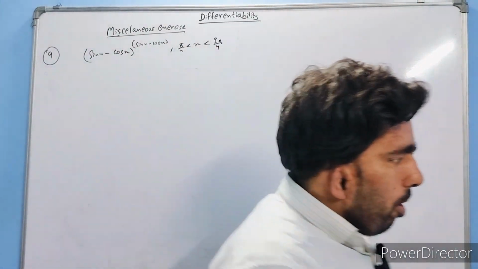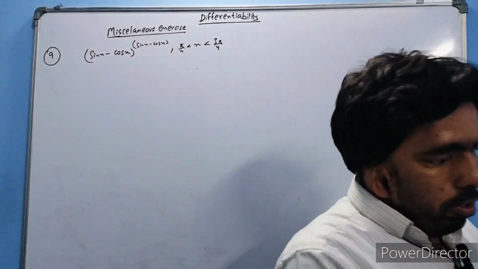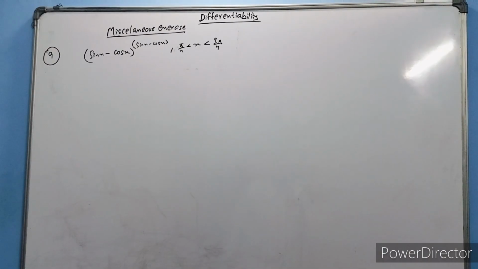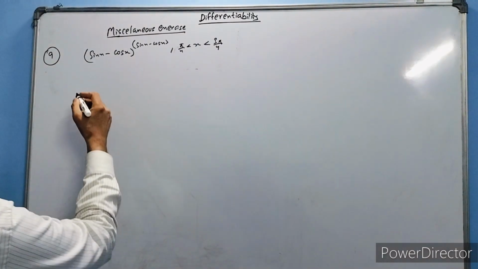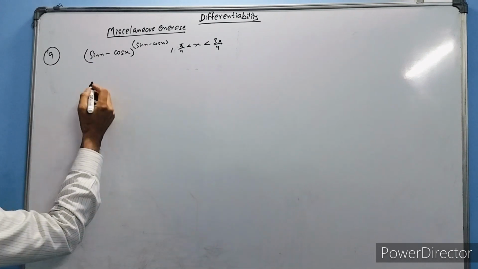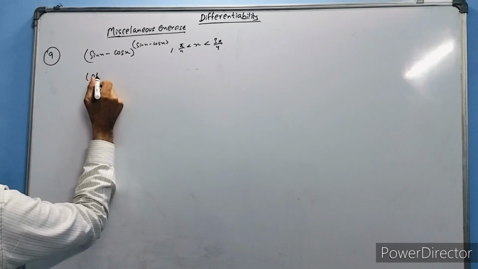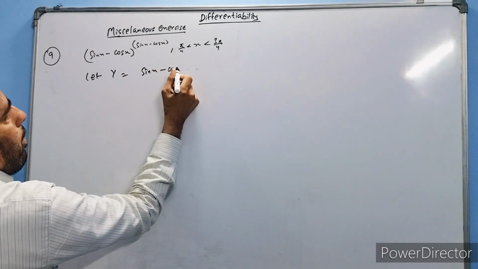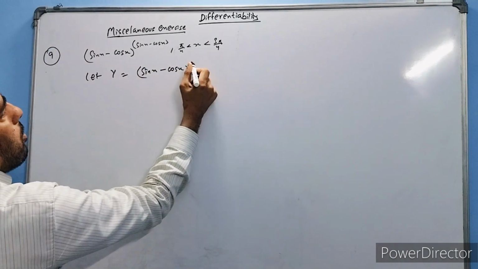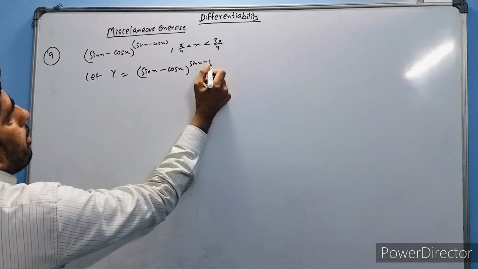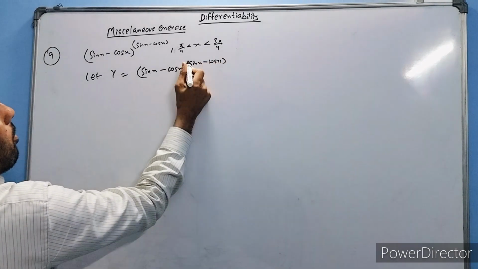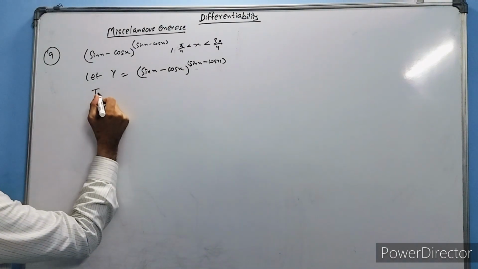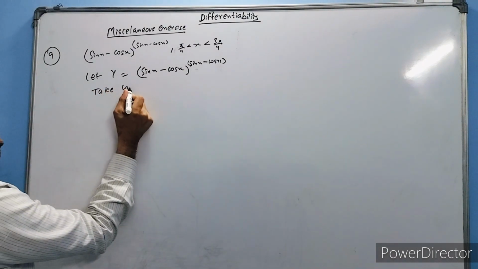So now we'll try to differentiate the given function as it is. Let y is equal to (sin x minus cos x) to the power (sin x minus cos x). How will I differentiate this function? In a very simple way: take log on both sides.